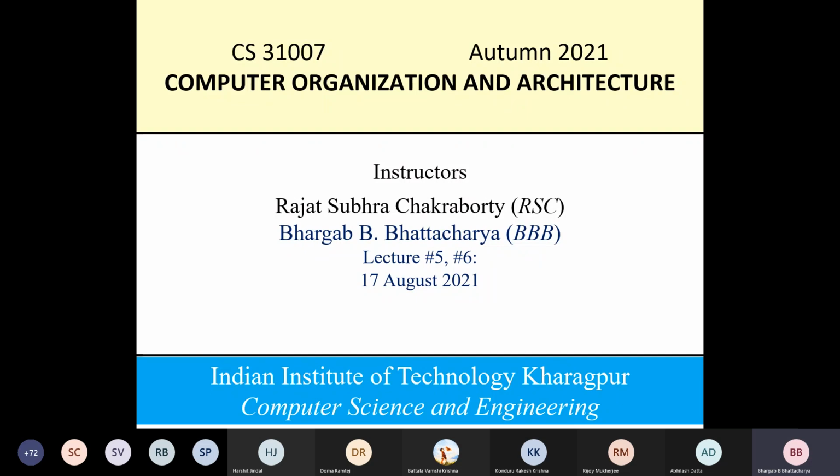one of the most important concepts, that is the hardware-software interface, and introduced the concept of instruction set architecture. So please recall what instruction set architecture is. When you design a processor, essentially this is a collection of some logical components, and it supports a certain set of machine level instructions or assembly level instructions.